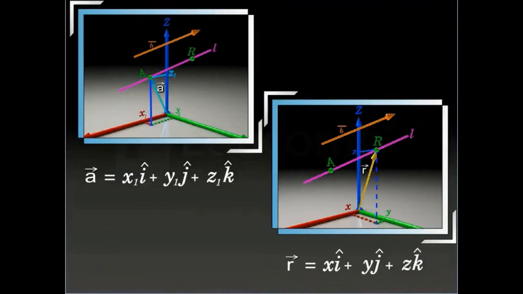If the coordinates of point A are x1, y1, z1, and the coordinates of point R are x, y, z, then vector A is equal to the sum of vectors x1 i cap, y1 j cap, z1 k cap, and vector R is equal to x i cap plus y j cap plus z k cap.